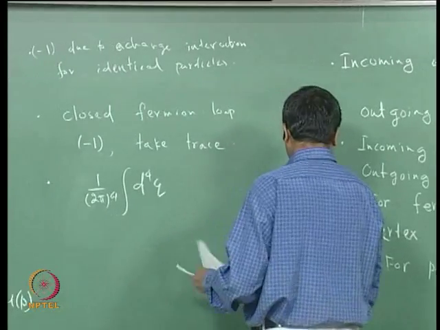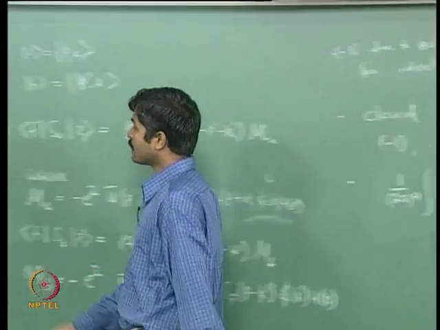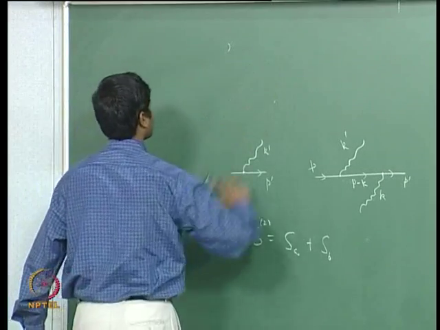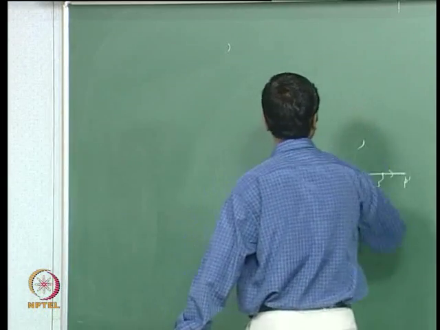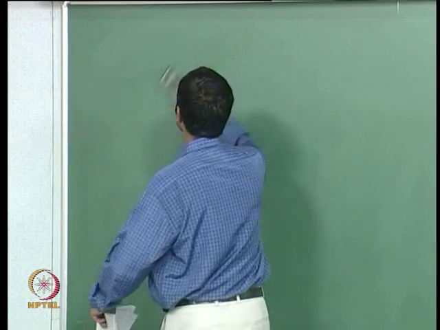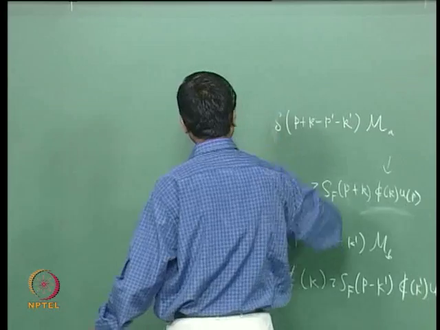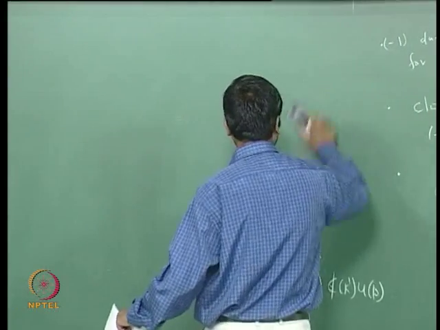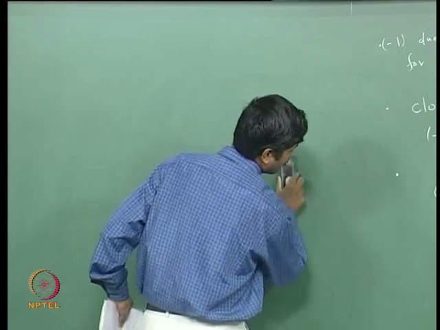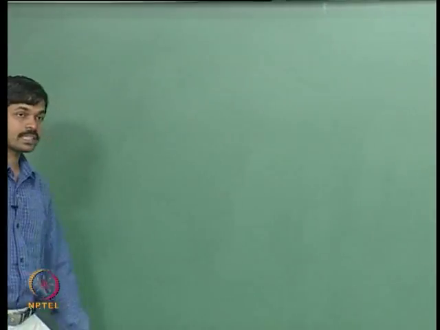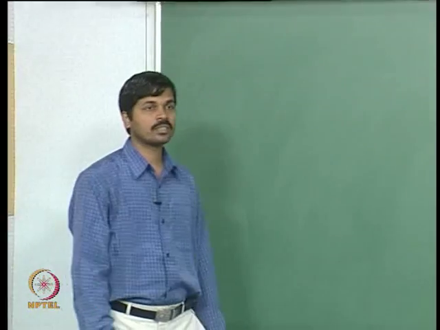Now let us ask the following question: when do we get a closed fermion loop? Let us consider this example of physical processes which contribute at the second order. Which term in the S matrix at second order contributes to any physical process which has a closed fermion loop?